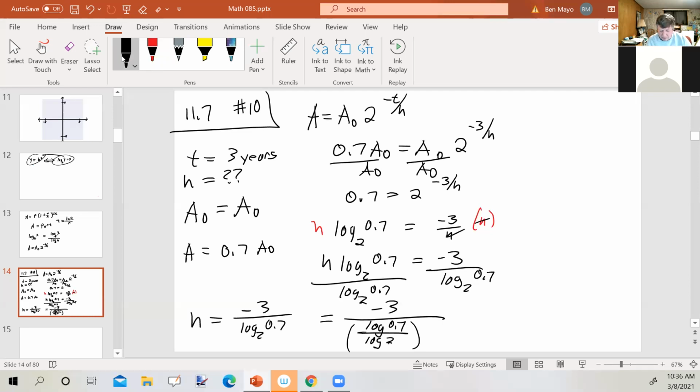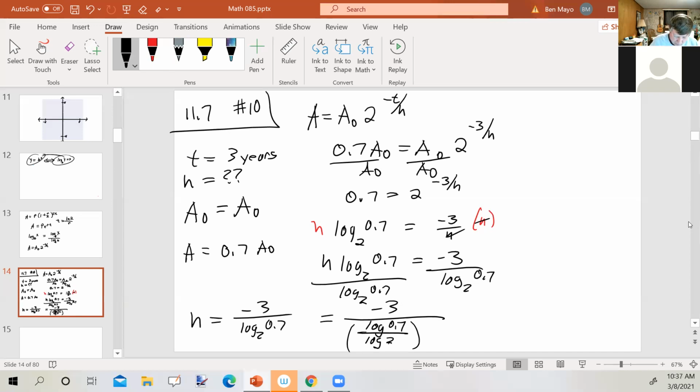So in my calculator, I'm going to put in -3 divided by parentheses log of 0.7. I'm going to close up the parentheses around the 0.7, then divided by the log of 2, close that up, and then close up the entire thing.